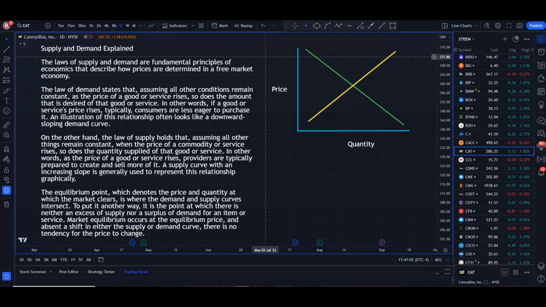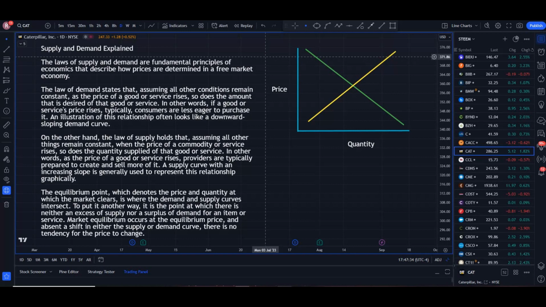Now, what's the equilibrium point? It denotes where price and quantity have reached a level where there's no real imbalance between buyers and sellers. The equilibrium point denotes the price and the quantity at which the market clears, is where the demand and supply curve intersect.